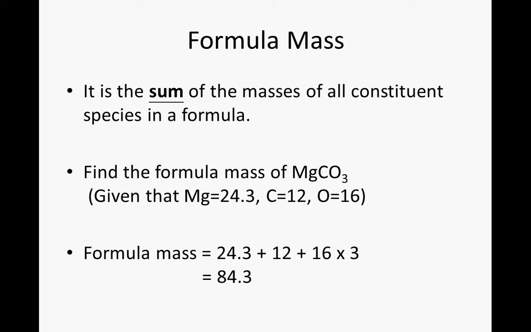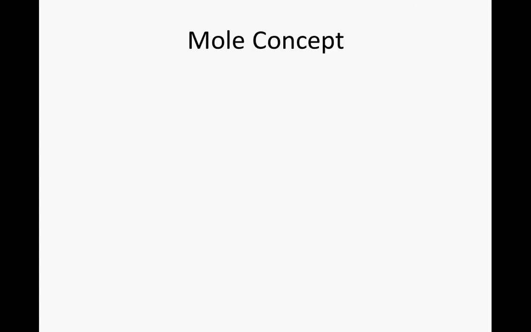We say that is the formula mass, and in each MgCO3 unit, the mass is 84.3. Note that there are no units for formula mass, just like relative atomic mass. Remember, no units.